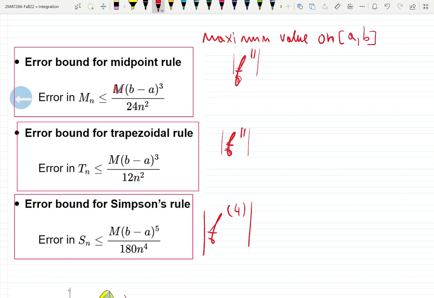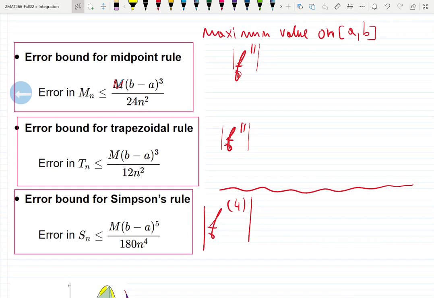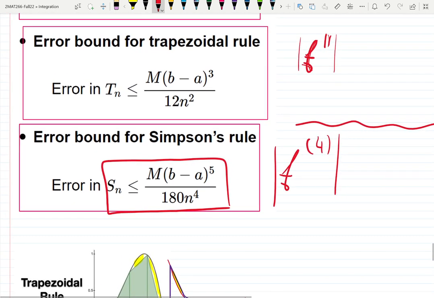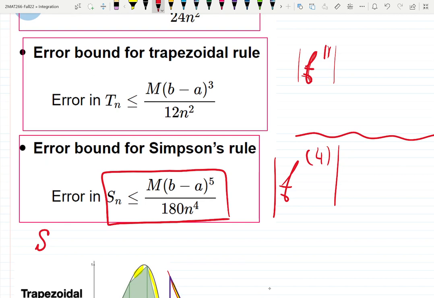We now know that. And also, one more interesting note to write down, that even though we have this formula for Simpson's rule, the error is connected to the error for the other two, which is Simpson's rule with 2n, where n is the number of subintervals. So if we had 20 in this example, now we have 40.